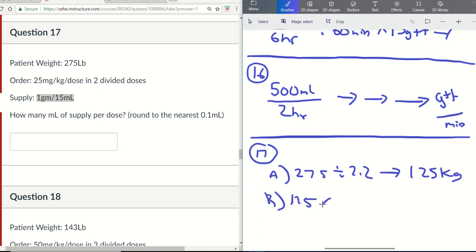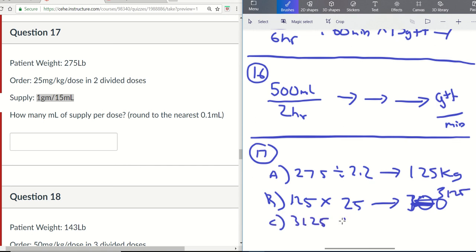125. How much drug is ordered per kilogram? 25. So the patient will require how much in a day? What is that? 3,125 milligrams in a day.